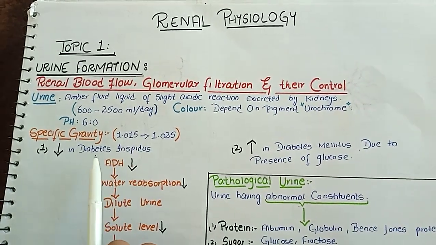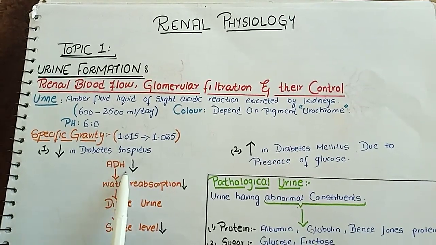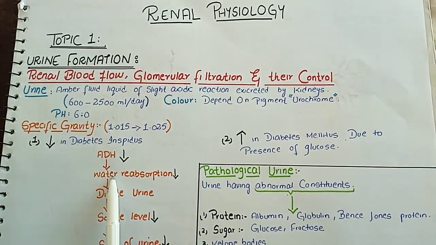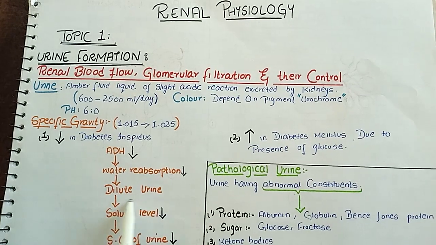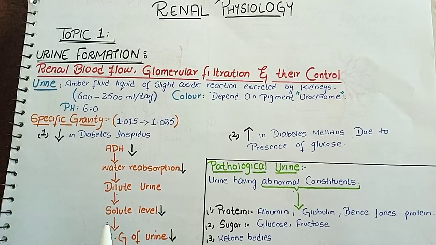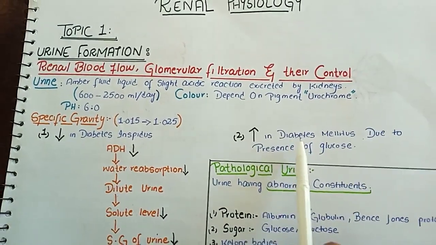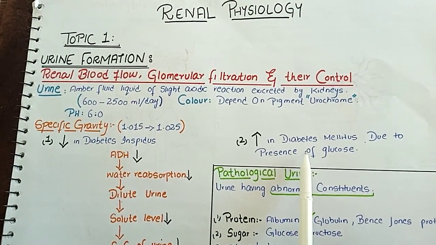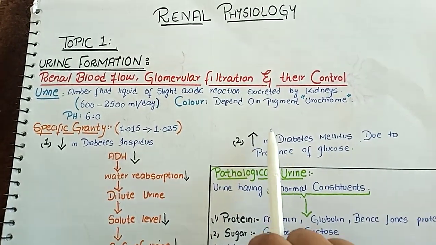In the condition of diabetes insipidus, when there is decreased ADH, the water reabsorption capability of the kidney also decreases, and as a result dilute urine will form, with a low solute level, and the specific gravity of urine will decrease. In the second condition, diabetes mellitus, which is caused by the presence of glucose, the specific gravity of urine will increase.